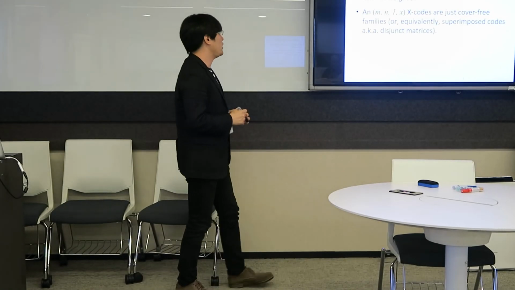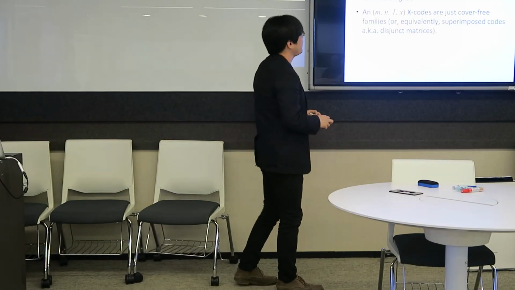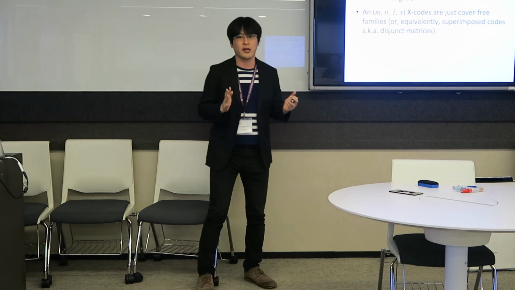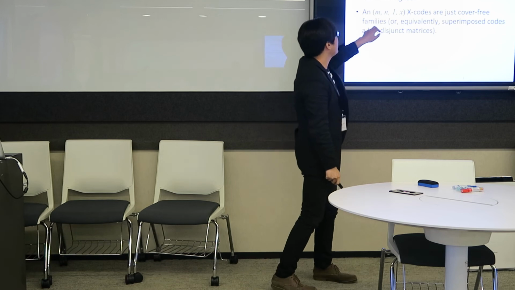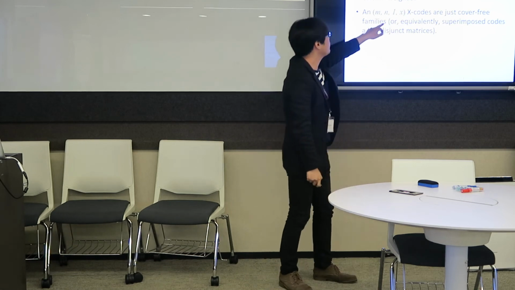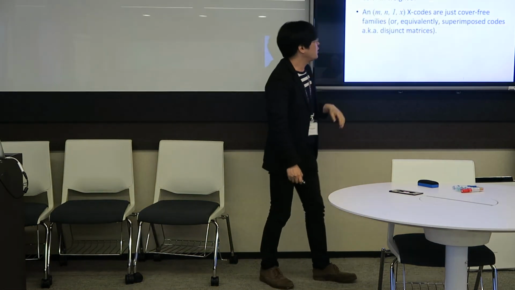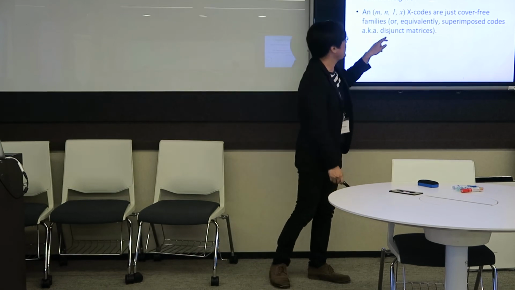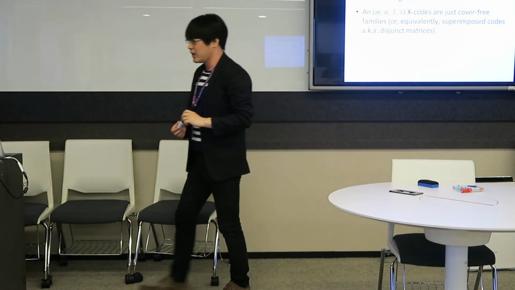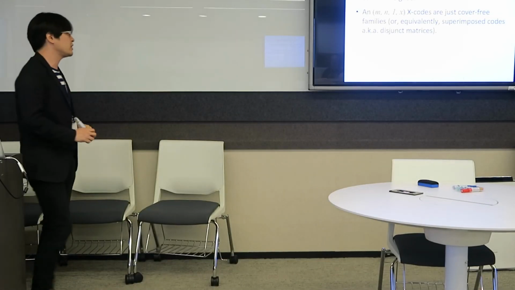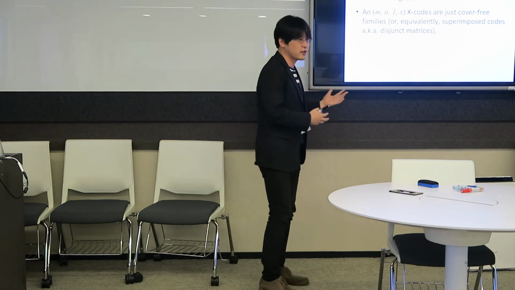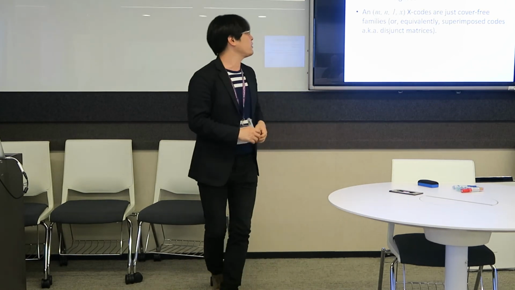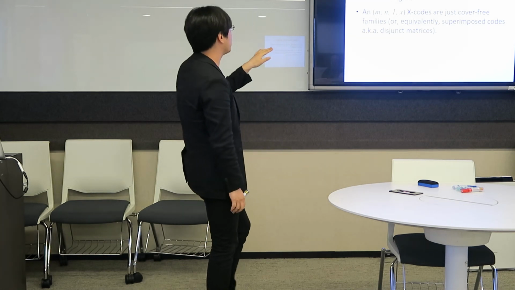But more than that, when I was a student, I was very interested in Steiner triple systems, and in this case, if we put d equal to 1, the best (m, n, 1, x) code of constant weight 3 actually corresponds to the Steiner triple system. So that was why I was very interested in this problem in the first place. But anyway, we consider the case when constant column weight equals 3.